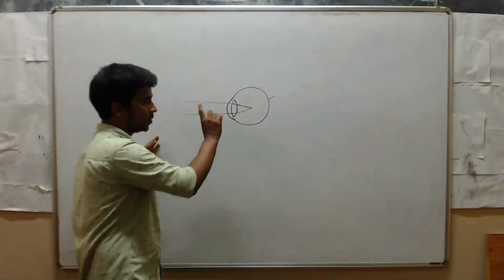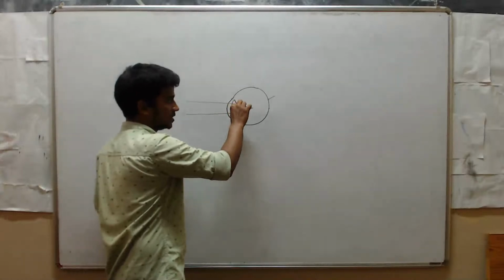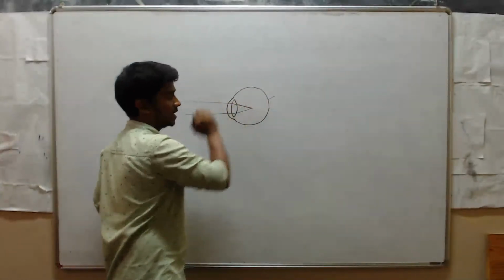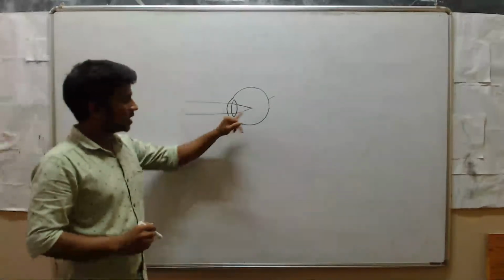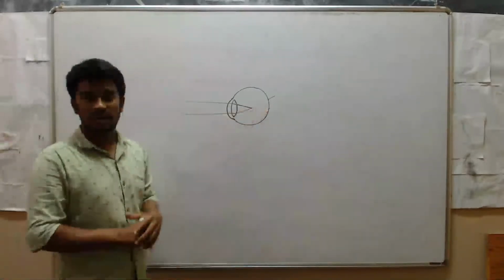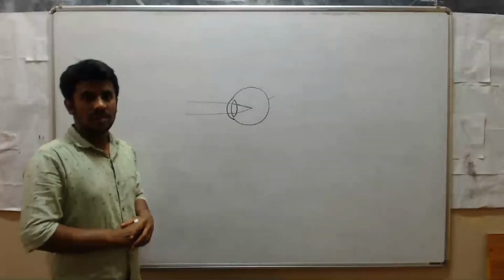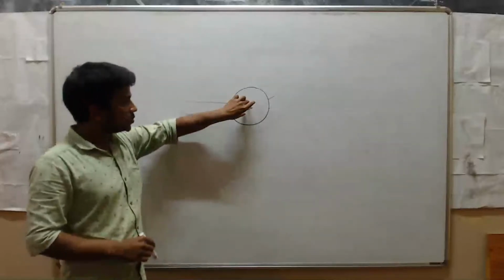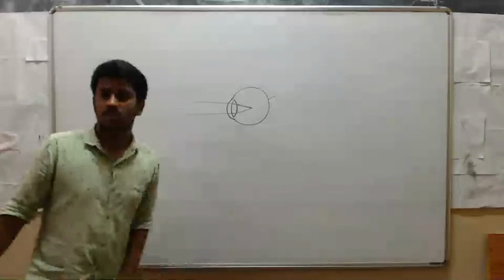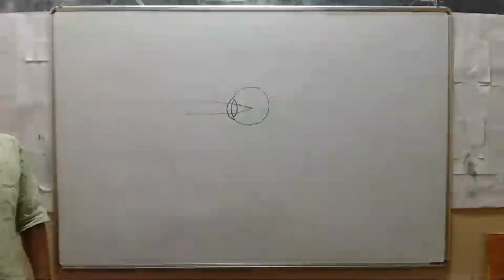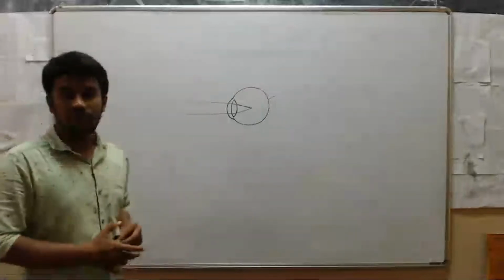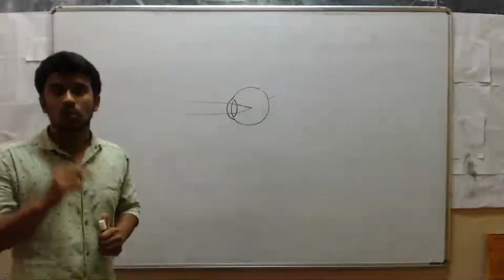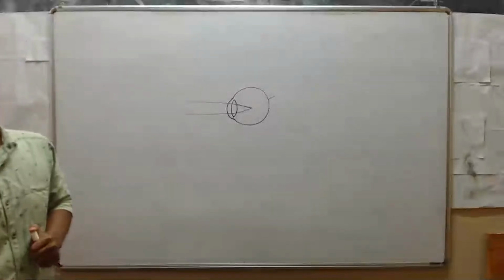Now how to correct this one? Our work is to make these rays converge at the retina only. Here the rays converge in front of the retina. Myopia arises due to two reasons.